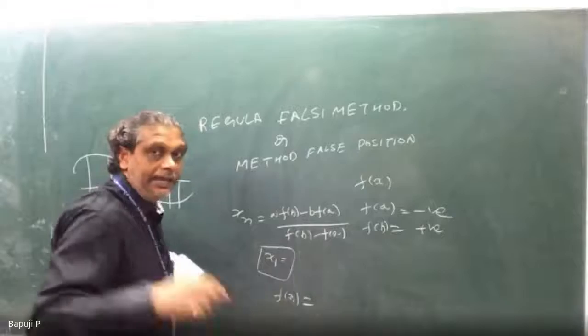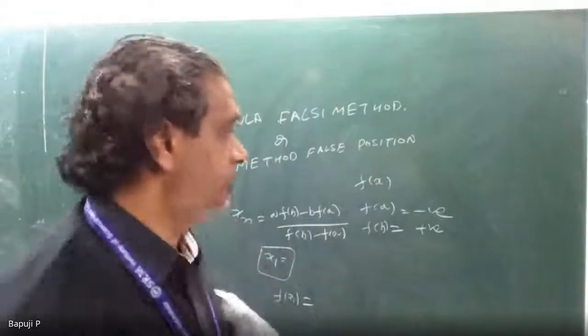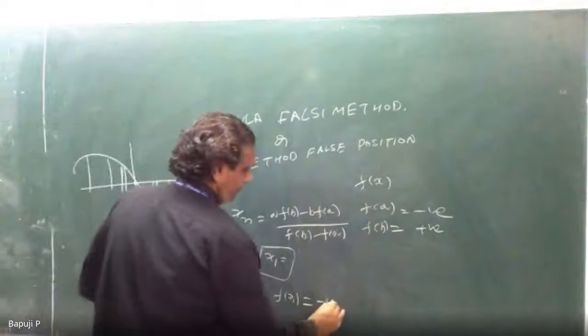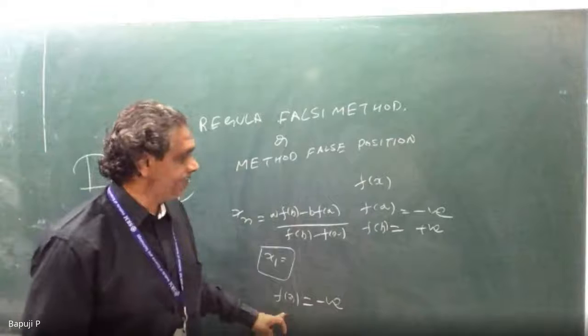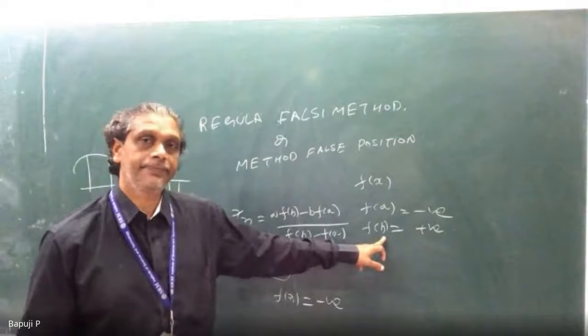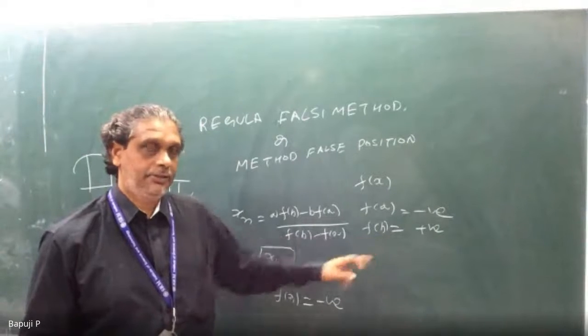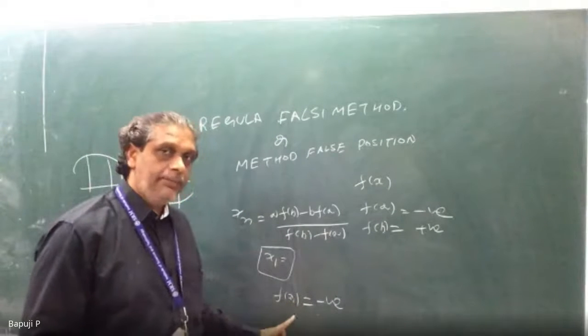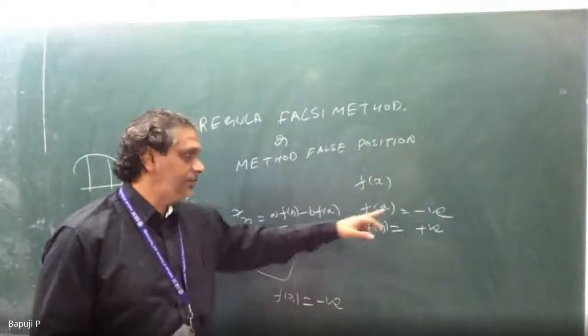Suppose at this x1 my functional value is negative, what will you say now? My root lies between x1 and b. Am I correct or not? At x1 my value is negative, so the previous negative, the a value, you can leave.